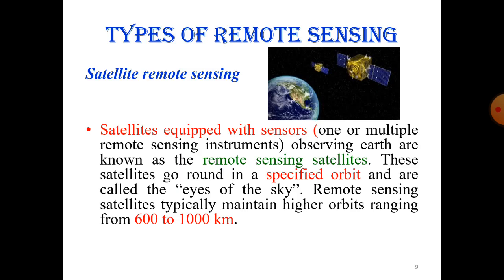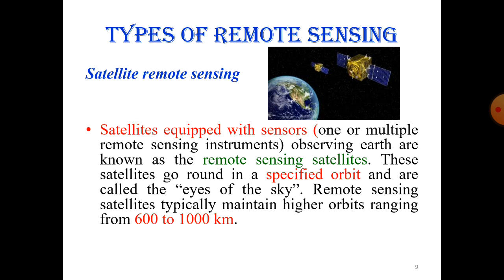The next is types of remote sensing. We have many types of remote sensing, but in your syllabus only 2 types are mentioned, which we shall understand now. The first type we shall understand is satellite remote sensing.